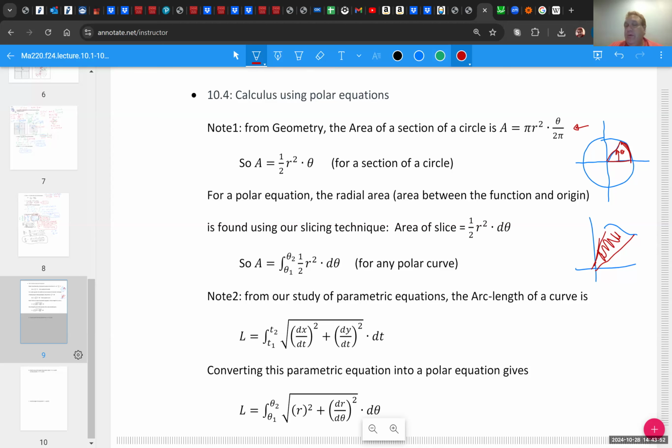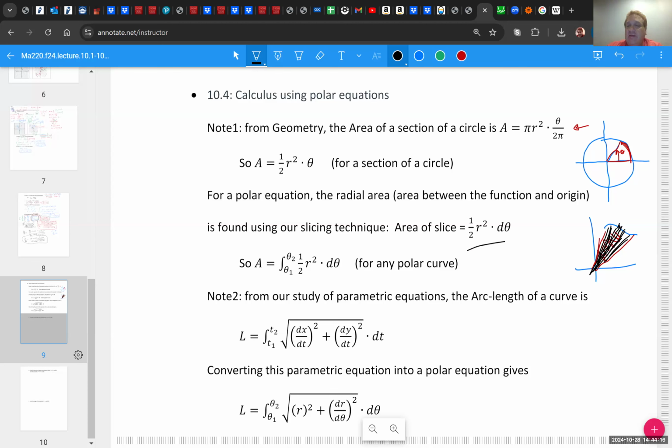Okay, so we're going to be doing our old calculus technique, which is doing slicing. So we're going to take the little slices here, and for each little slice, we're going to find out the area, add up all the slices, and that is the standard way of figuring out the total area. So for a little slice, we got 1/2 r squared times d theta, because you have a very small change in theta.